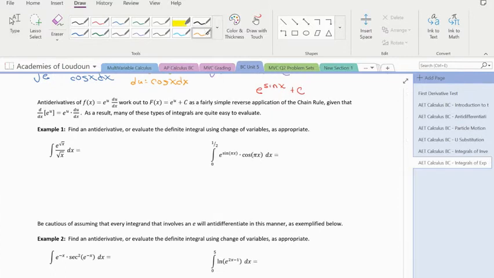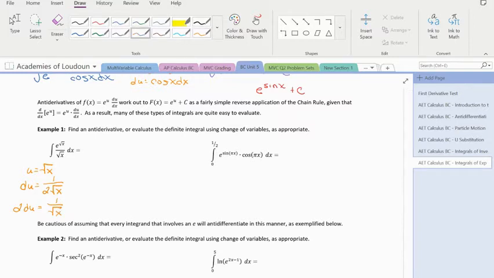So if we have, as in example 1, e to the square root of x over the square root of x, if we set u to the square root of x, then du is 1 over 2 square root of x. Multiply both sides by the 2. We have 2 du is equal to 1 over the square root of x.